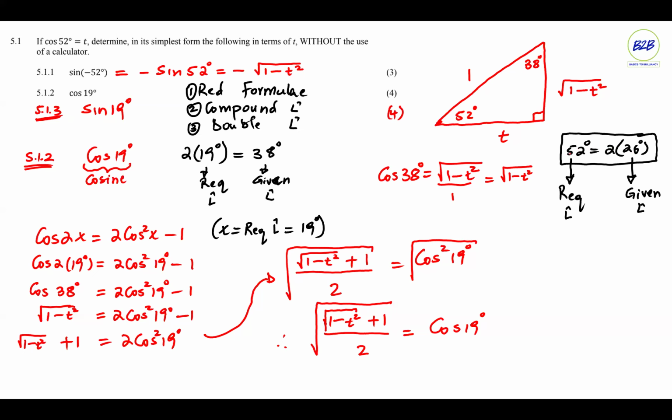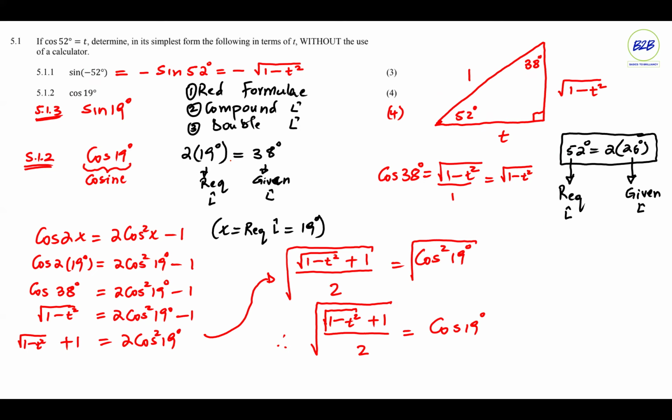The required angle is the one that appears in a question, and the given angle is the one that appears in a right-angled triangle. So if you must multiply a given angle in a right-angled triangle by 2 to get a required angle, that is a forward double angle approach.